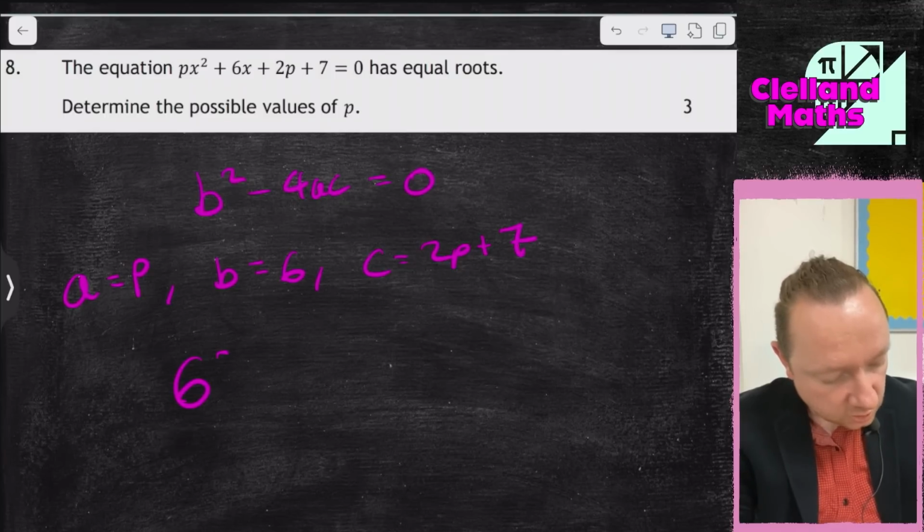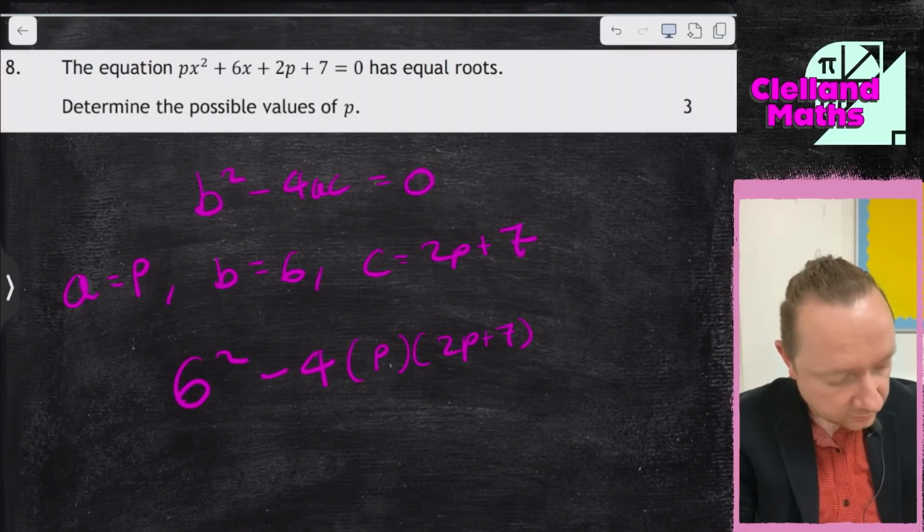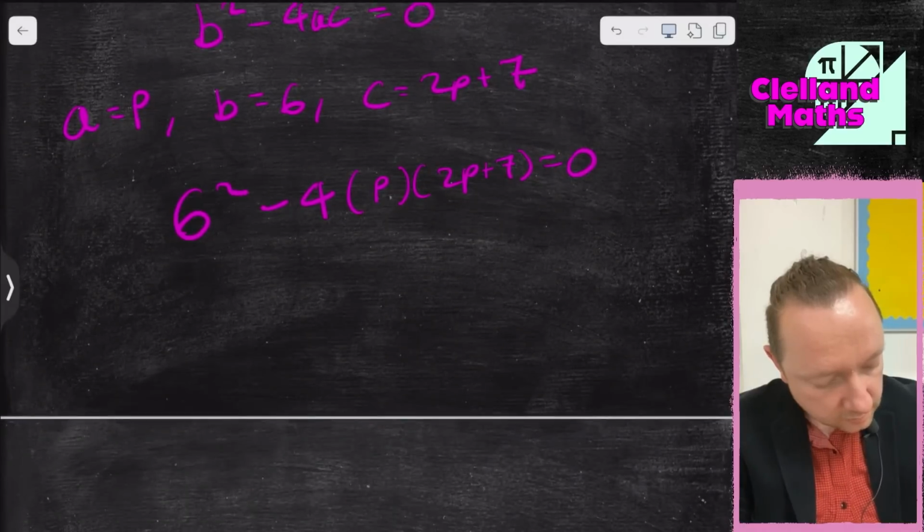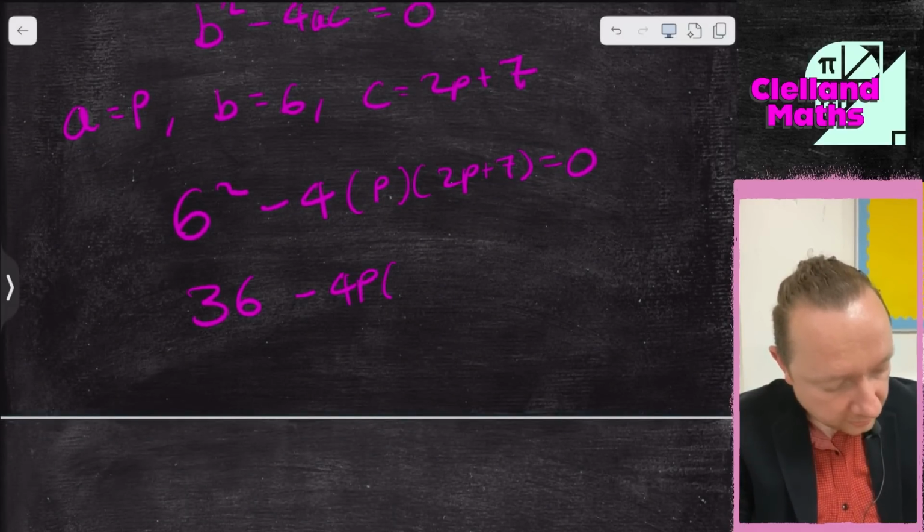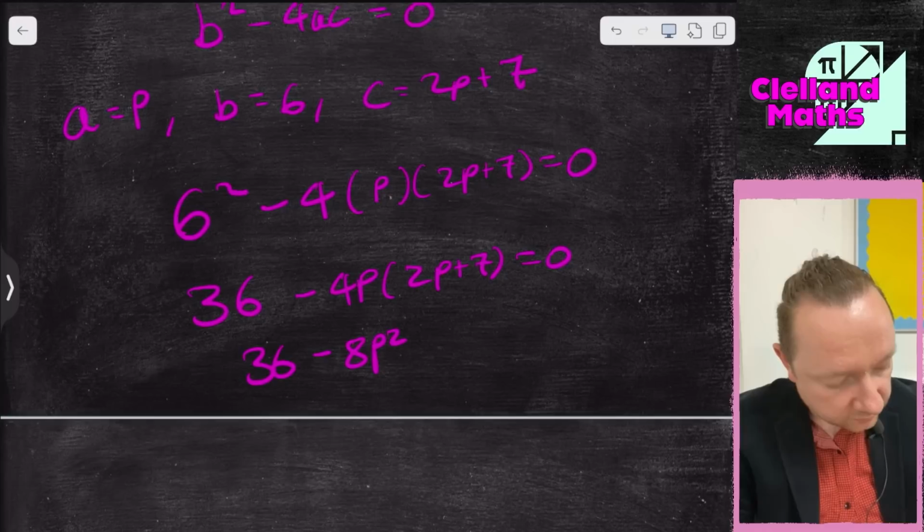So we've got 6 squared minus 4 times p times 2p plus 7 equals 0. 36 minus 4p bracket 2p plus 7 is 0. 36 minus 8p squared, 4 7s is 28, minus 28p equals 0.